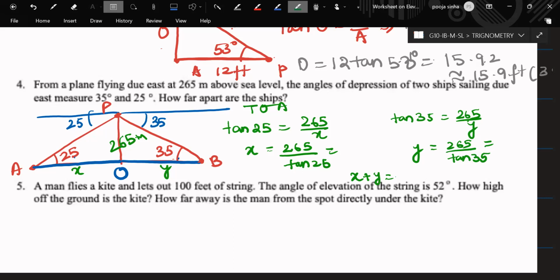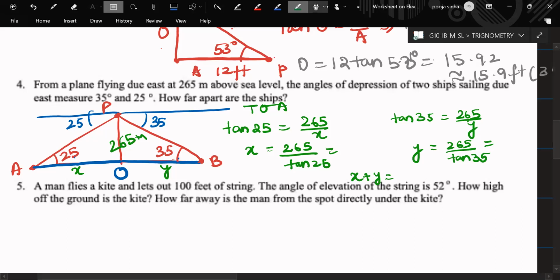Miss, easy, one second, I'm just putting it into the calculator. What's x plus y? x is 568.294.